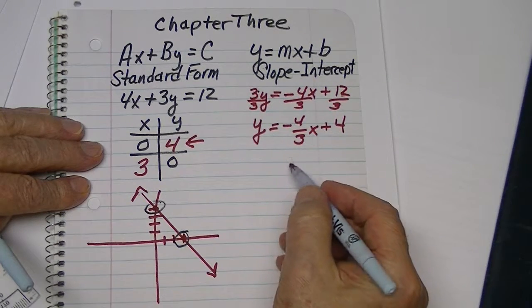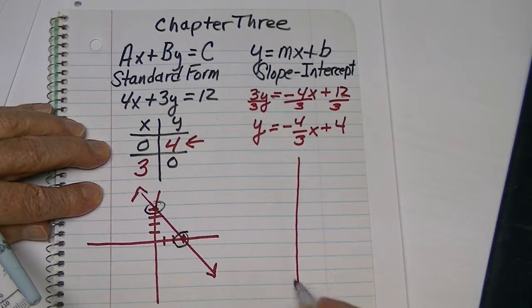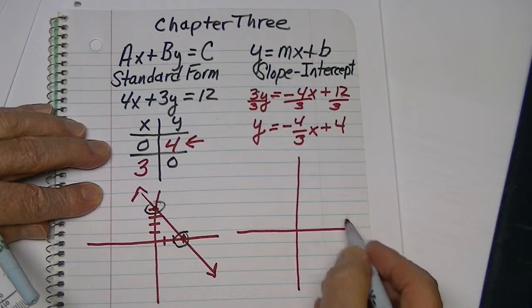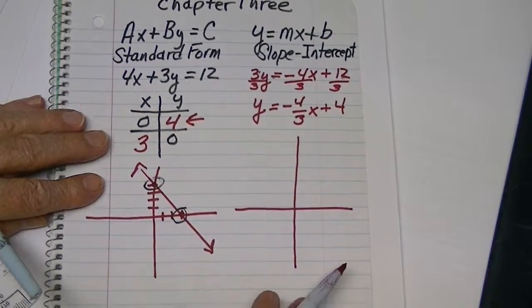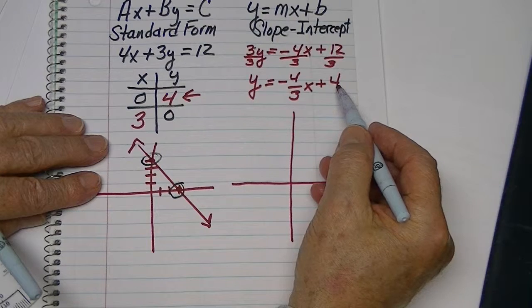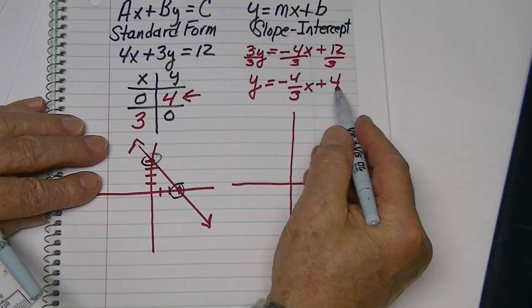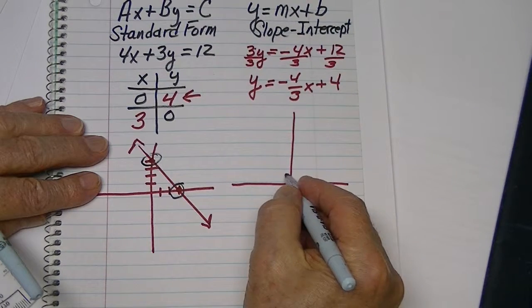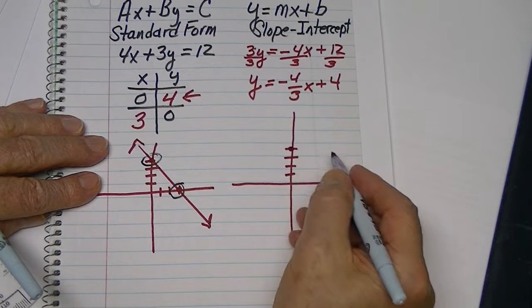Now, another technique then for graphing, just to show you when we get to that section, is that when it's in slope-intercept form, we plot the y-intercept first. 1, 2, 3, 4.